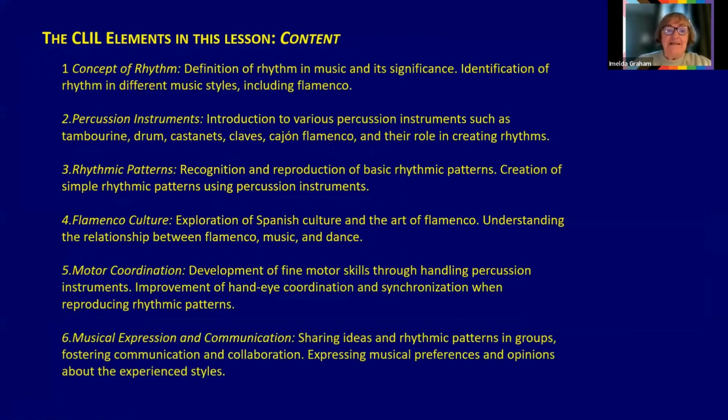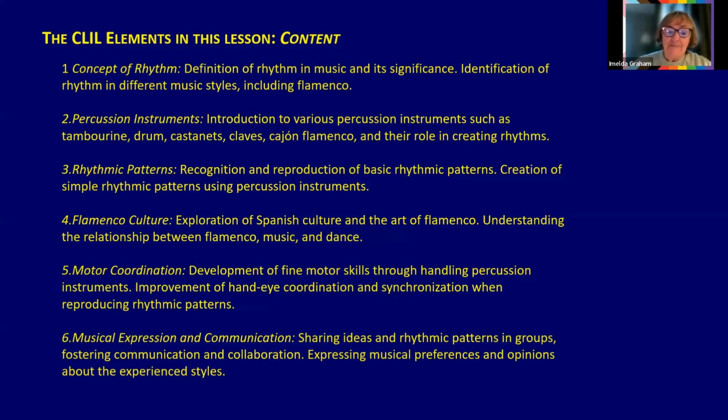There are CLIL elements in the lesson. They are 4. Content includes the concept of rhythm, definition of rhythm and music and its significance, identification of rhythm in different musical styles, including flamenco. Percussion instruments, introduction to various percussion instruments such as tambourine, drum, castanets, claves, cajon flamenco, and their role in creating rhythms.